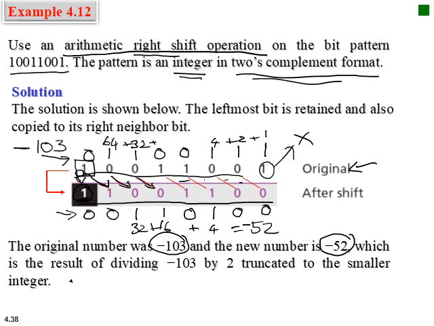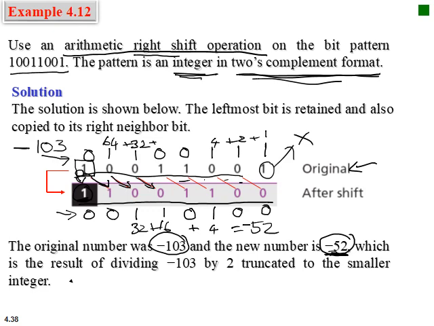So the 0.5 is simply thrown away, which basically leaves us with the final result of minus 52. Very clever. Right. So this is an arithmetic right shift operation, which in effect is dividing a number by 2. Doesn't matter if this number was positive or negative, as long as it is an integer stored in 2's complement format.